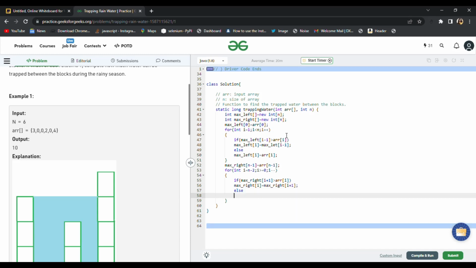Else we need to assign the current index of max right with the current index of the already defined array.